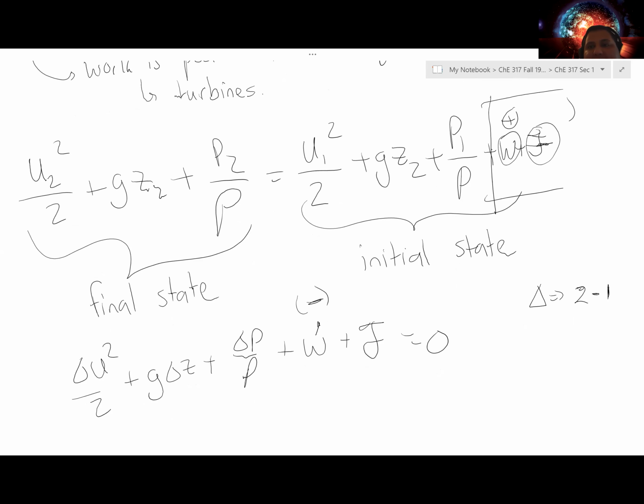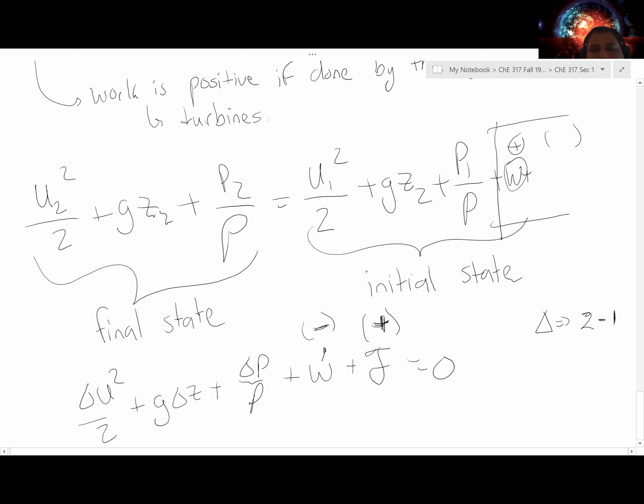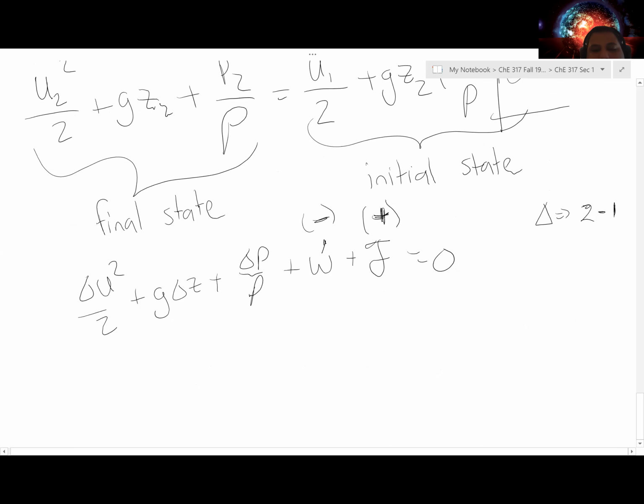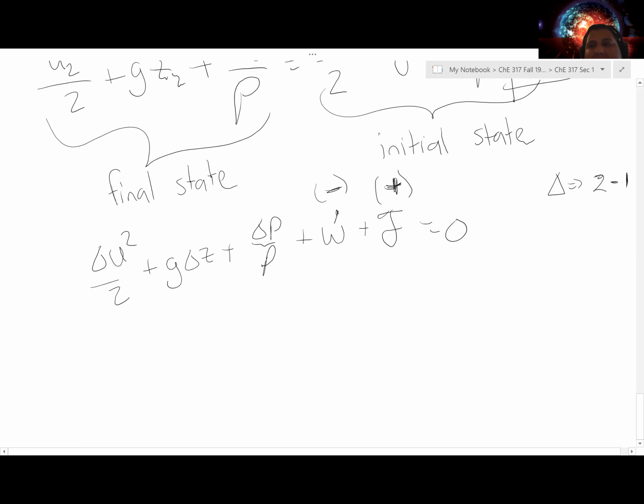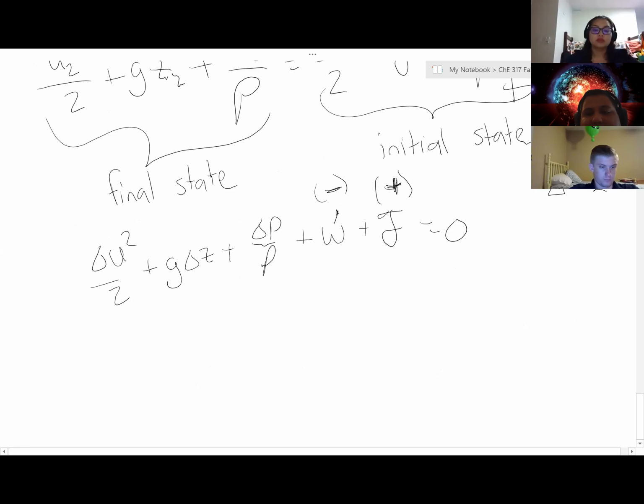So work is going to be positive on this side and negative on the other side, and it's going to be vice versa on the other side of the expression. Does that help explain that circumstance? It's a little odd, and that's why I know some people it really frustrates them in terms of what sign to use for these terms.